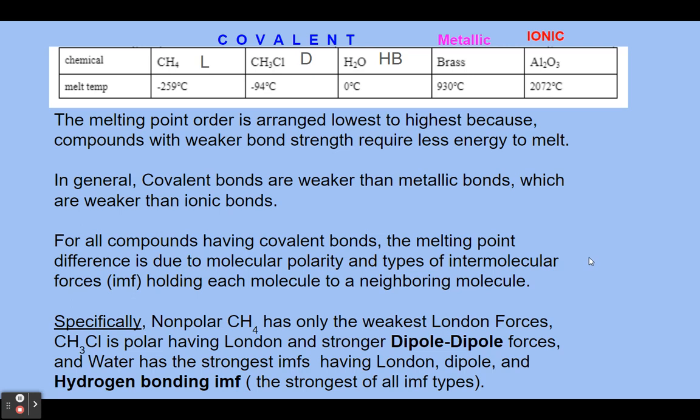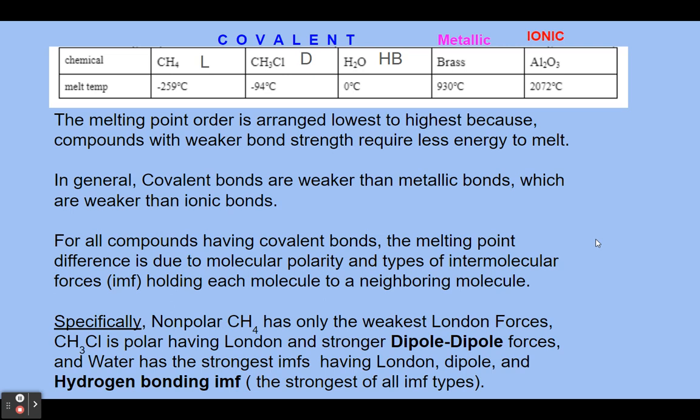And water has the strongest intermolecular forces, displaying London, dipole-dipole, and the strongest hydrogen bonding as its most predominant intermolecular force. So these sets of evidence give the best explanation for the question at hand.